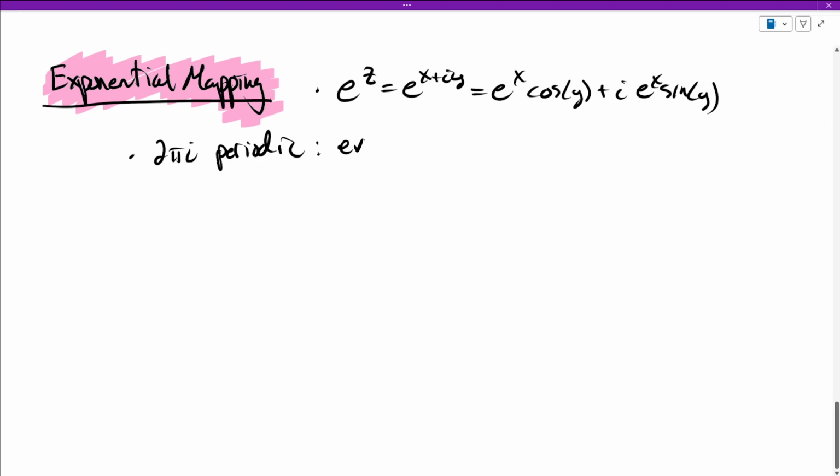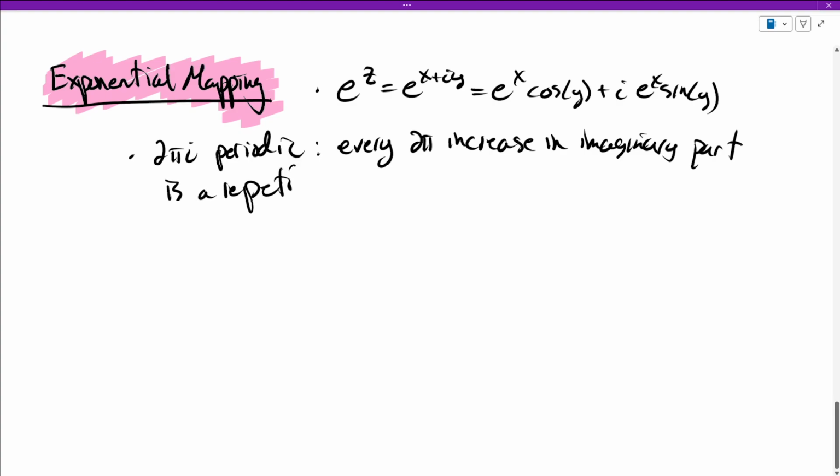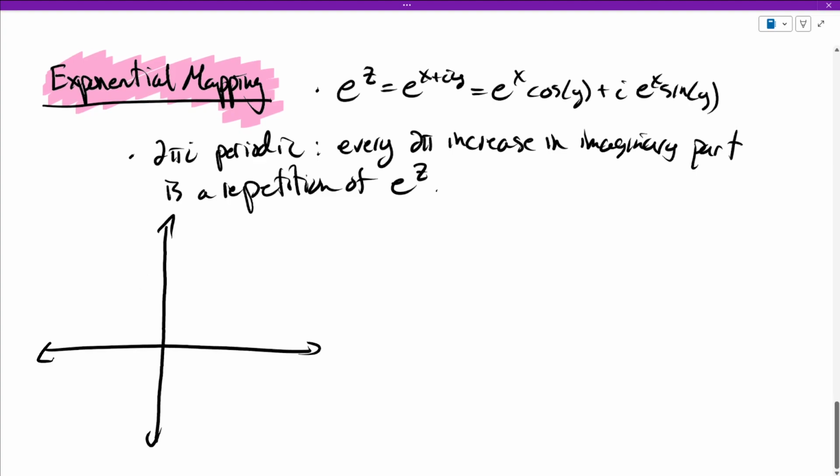That is, every 2 pi increase in the imaginary part causes repetition of the exponential function. So in other words, it's convention to mark the imaginary part at pi intervals.